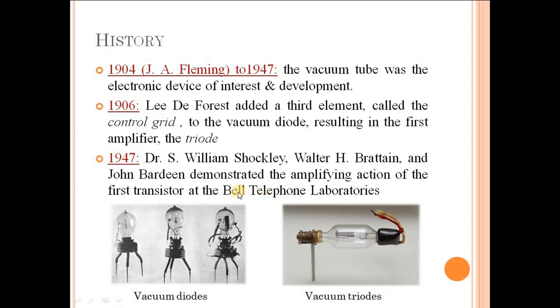Whatever semiconductor based devices are there, we call them solid state devices. So the PN junction diode is a solid state device. BJT is also a solid state device because these are made of semiconductor materials, the P-type materials and N-type materials. Only out of these materials the PN junction diode and BJT are made.